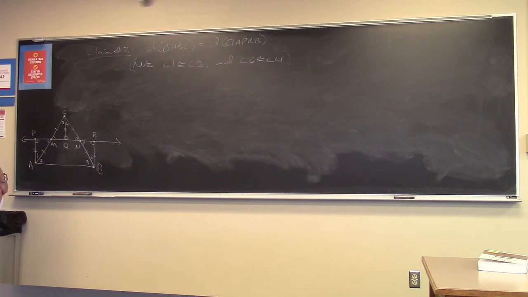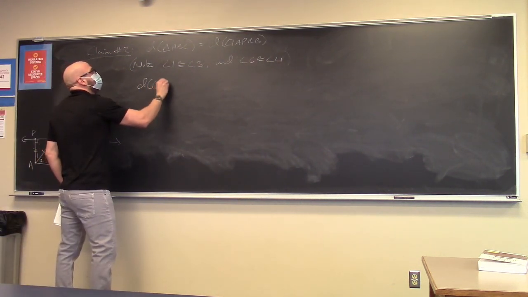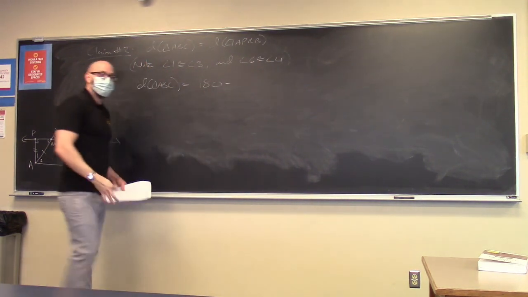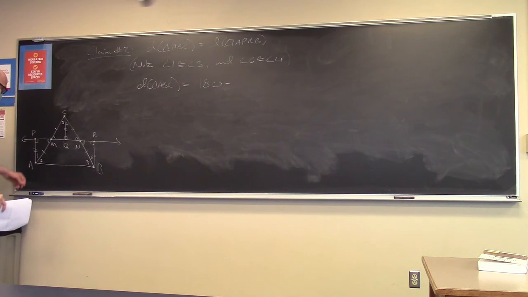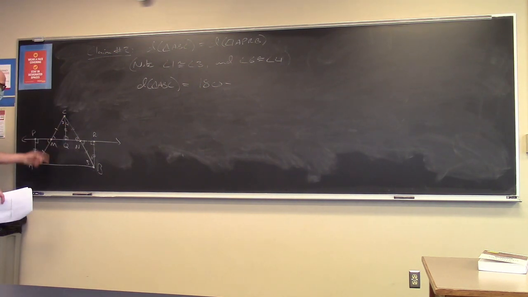And we'll just write down the defects of those triangles, and we'll show that using these congruences they're actually the same. So not much to do here. The defect of triangle ABC is going to be 180 minus its actual angle sum. So angle 2 plus 5 plus, let's go clockwise, 2, 3, 4, 5.